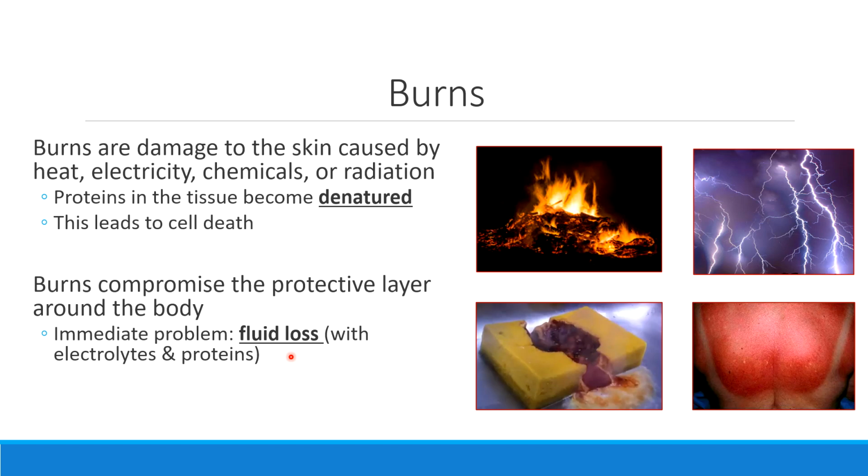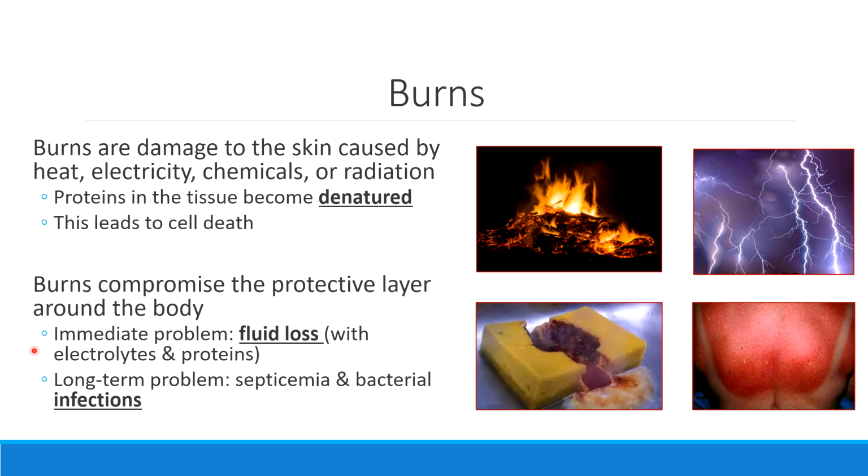With that fluid, we're losing a whole lot of electrolytes like sodium or chloride. We're also losing proteins that are used to stabilize that fluid or used to perform functions. So problem number one that we have to deal with in a patient who has a critical burn, a very large burn, is addressing the fluid that they're losing through this leaky skin barrier.